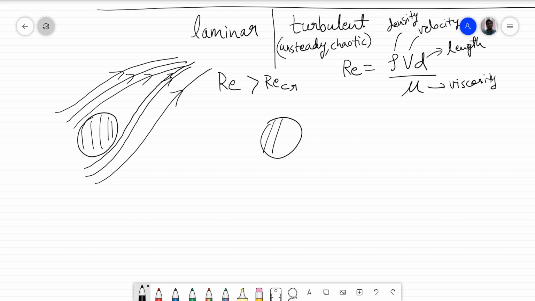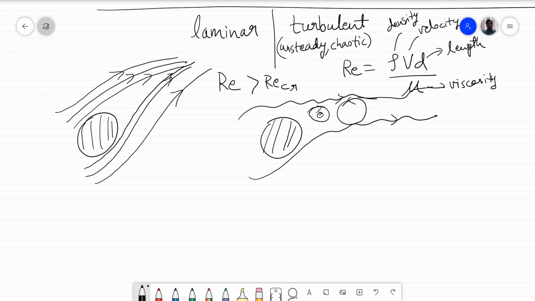So if there is a body like this, the streamline may look like that. There may be swirls, like that, in the flow.